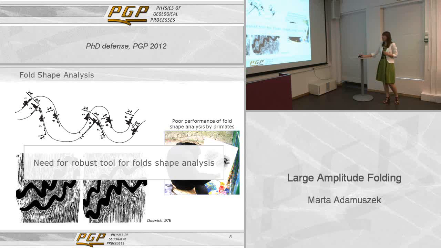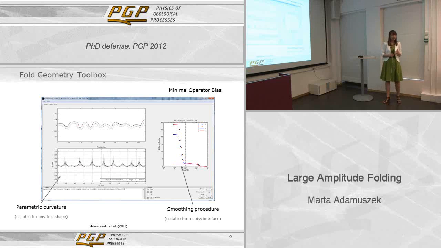I studied the existing methods and tools for fold shape analysis, but unfortunately I couldn't find any that could be applicable to generic fold shapes. That motivated me to develop the Fold Geometry Toolbox. This toolbox can accurately describe the fold shape, minimizing operator bias.